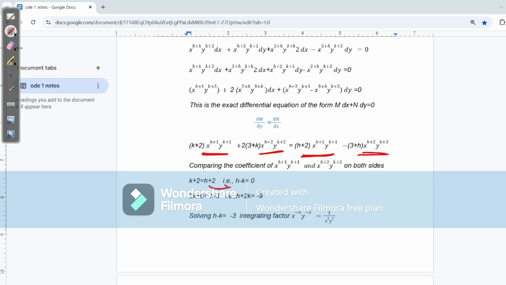When you do this, it gives h − k is equal to 0. When you solve this, it gives h + 2k is equal to −9. When you solve these two, it gives h − k is equal to −3.